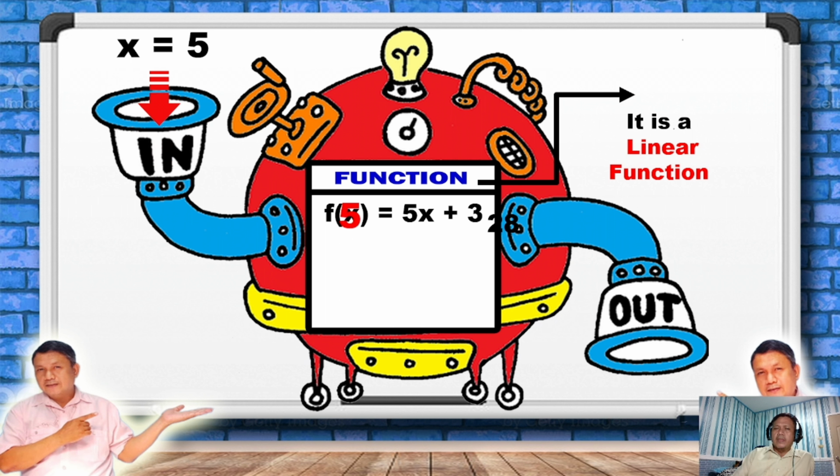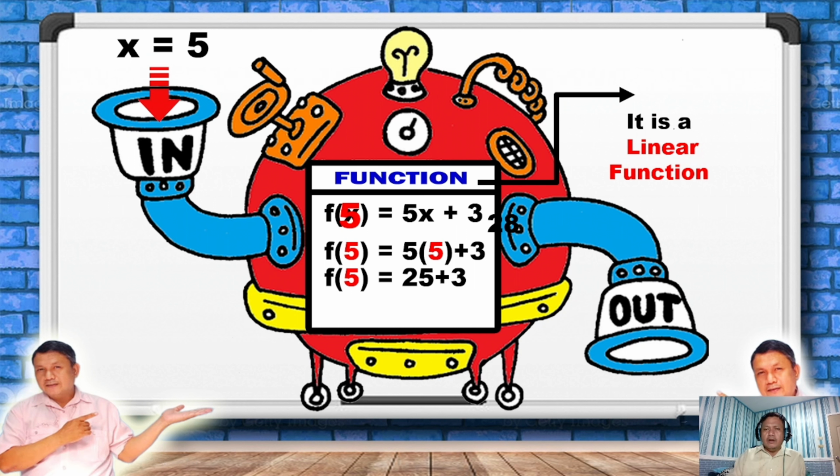So therefore, this function will become f of 5 is equal to 5 times 5 plus 3. So let us simplify. We have 5 times 5 is 25. So therefore, this will become f of 5 is equal to 25 plus 3. And 25 plus 3, the answer is 28.